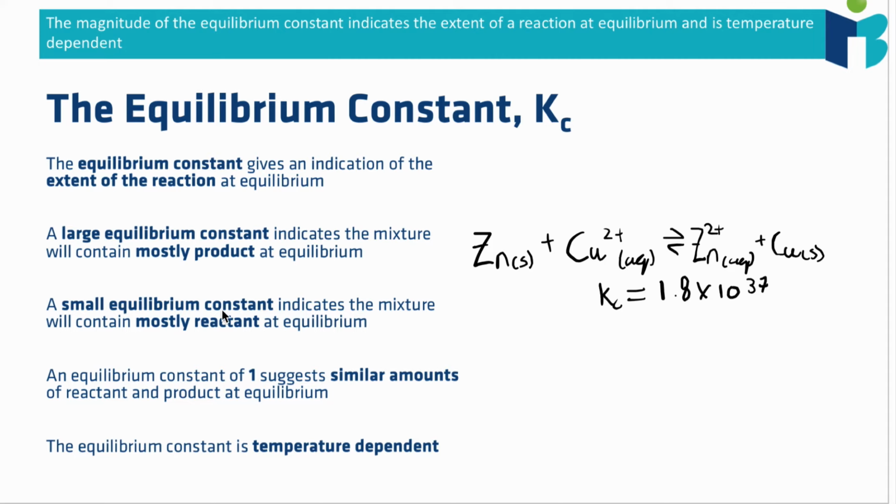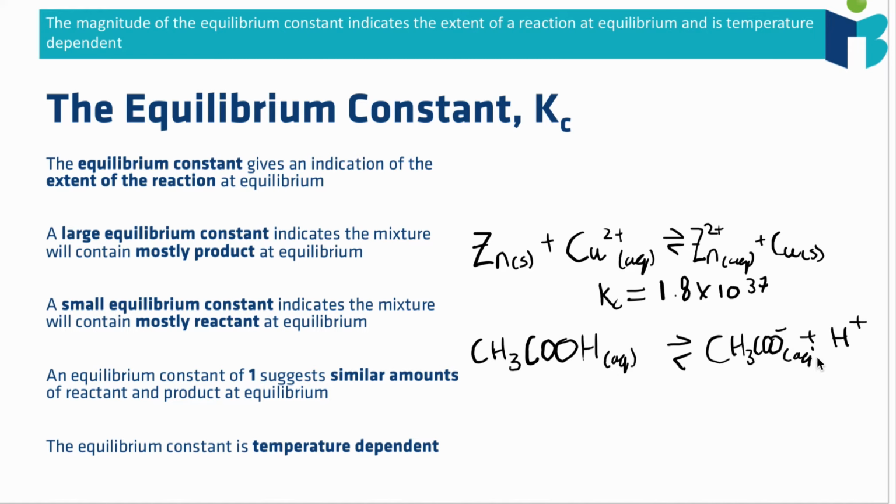We take the flip side of this. If we have a small equilibrium constant, that indicates our mixture will contain mostly reactants. So if we take an example of a reaction that's quite far shifted to the left, like the dissociation of ethanoic acid, in this case our equilibrium constant comes out as 1.8 times 10 to the minus 5.